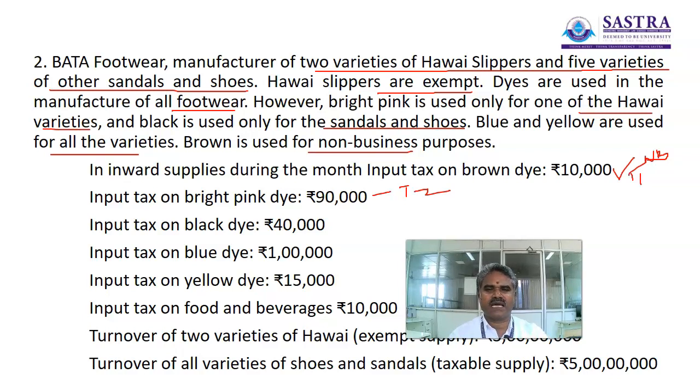Black is used only for sandals and shoes. Blue or yellows are used for all the varieties. Brown is non-business. Hawaii slippers are exempted. Okay, good.